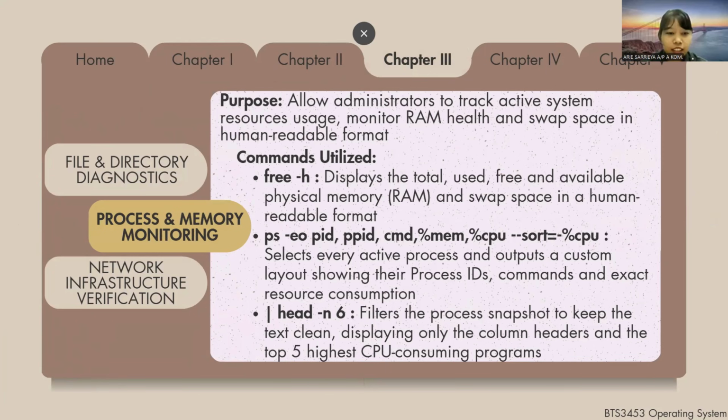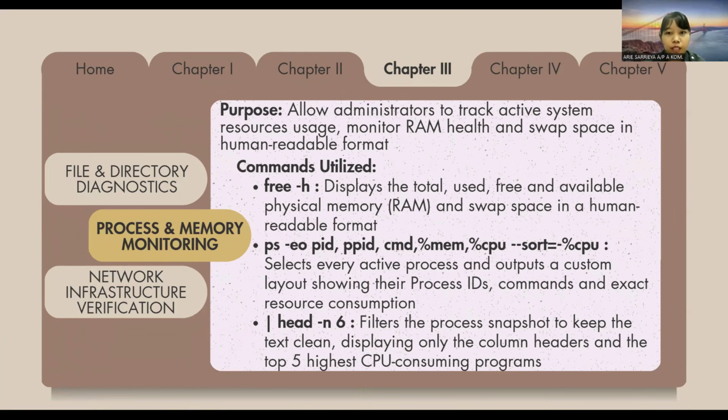Okay, so now is the process and memory monitoring. The purpose is to allow administrators to track active system resource usage, monitor RAM health, and swap space in human readable format. The command utilized is free -h, which is to display the total, used, free and available physical memory RAM, and swap space in a human readable format.